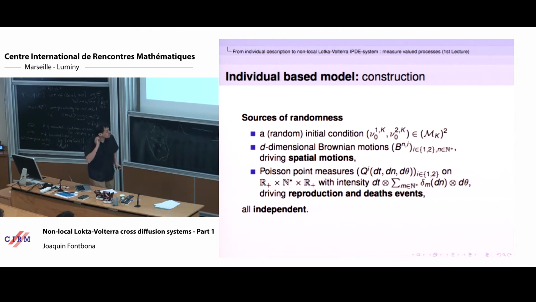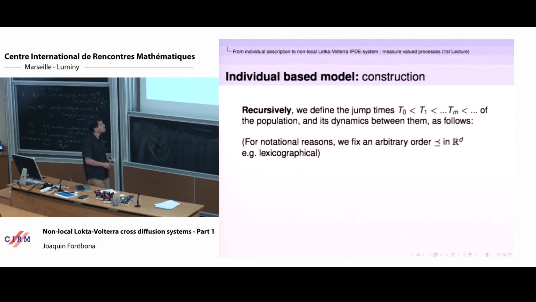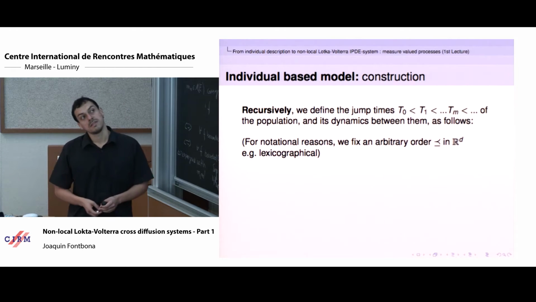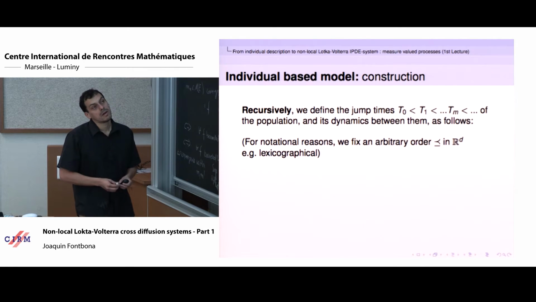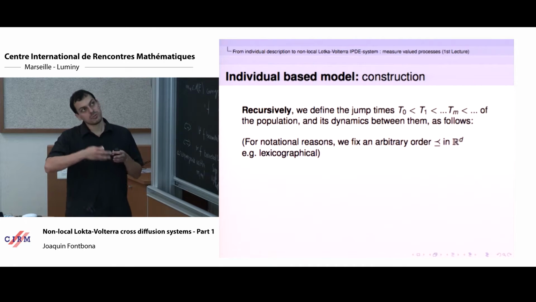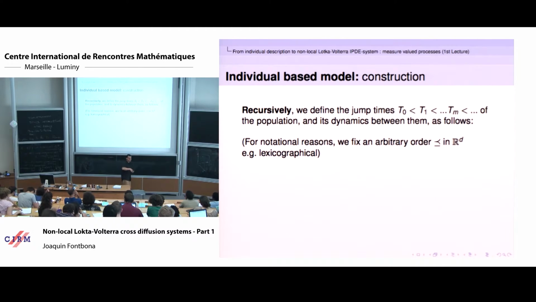Okay, so how are we going to construct these dynamics, these populations? Just for notational reasons, we are going to fix some ordering in my state space. The idea will be to construct, on one hand, the times at which some demographic event takes place, and then, in a recursive way, also construct the dynamics of the populations between these events.